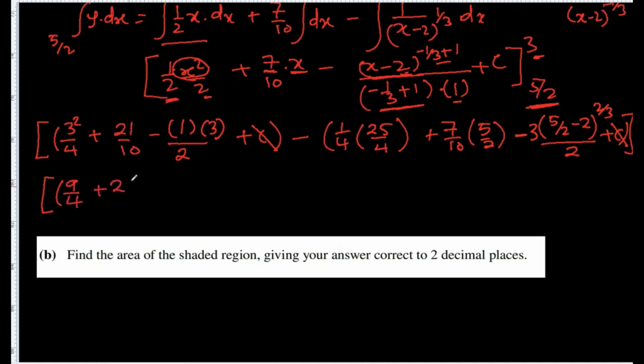Plus 21 over 10 minus 3 over 2, and rather let's open the bracket, minus 25 over 16, 35 over 20, and because of this minus it will be negative, okay, 35 over 20, and this will be positive. So 3 times this will be, let's leave it like this, we'll just use our calculator.